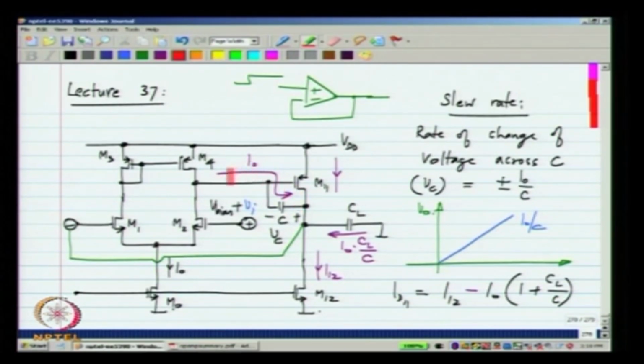Now, before all of a current I0 can flow through this, the transistor M11 will cut off, okay, because I12 minus the current in this minus the current in CL will become 0. The current in CL will always be the current in C times CL divided by C, because the output is changing at the same rate. The voltages across the two capacitors are changing at the same rate. So, M11 will cut off before the input differential pair can switch completely.